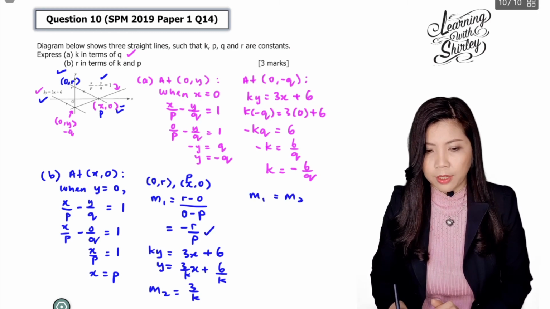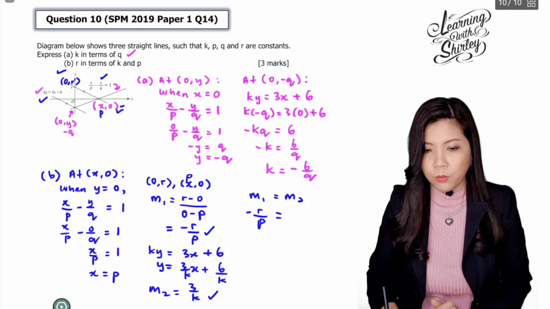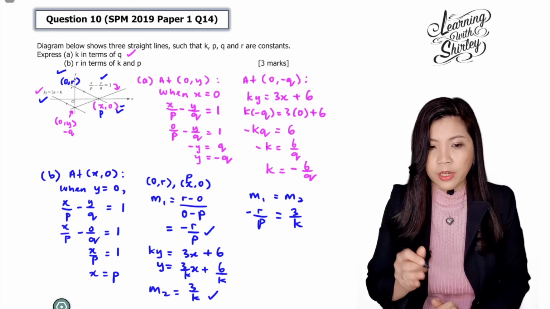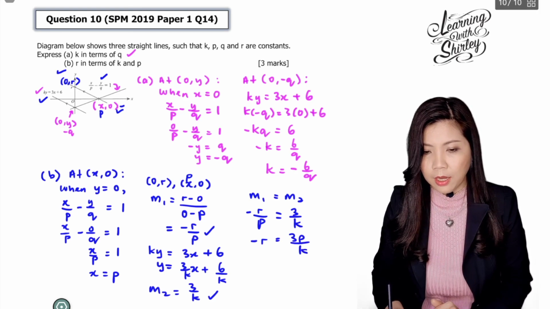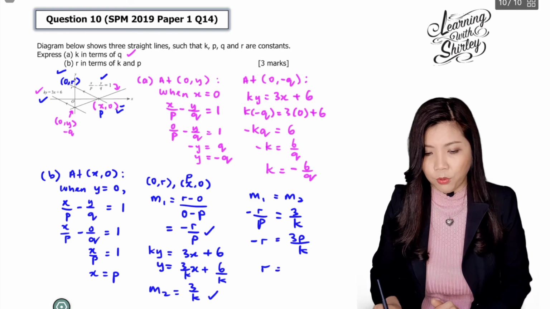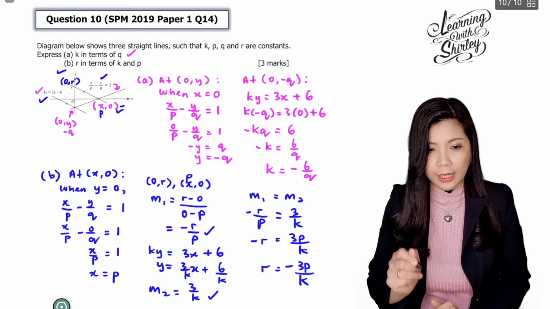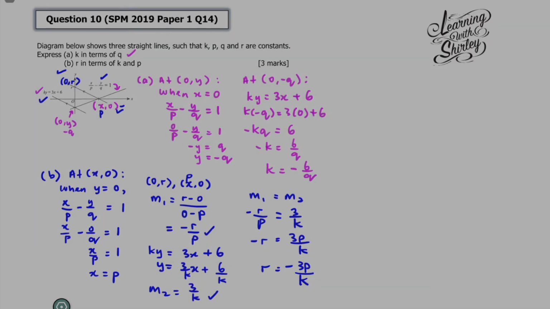Just now m1 we got negative r over p, equals m2, which is 3 over k. Now we have to find r in terms of k and p, which means r must be on the left hand side. So negative r equals 3p over k. To find r, I'm going to move the negative over to the right hand side, becoming negative 3p over k. So that's the answer for B.